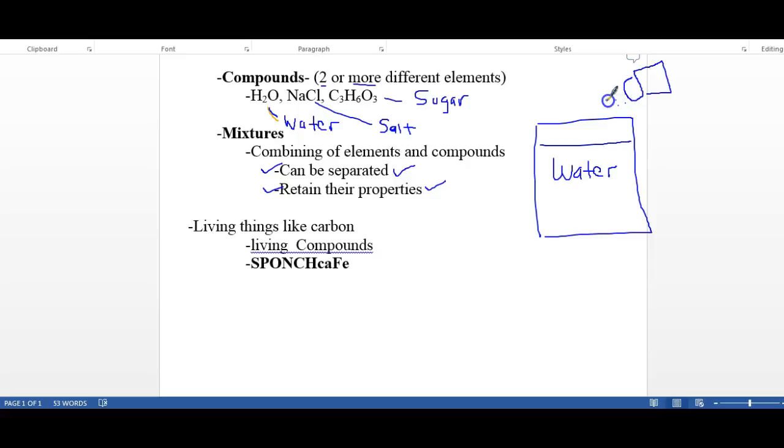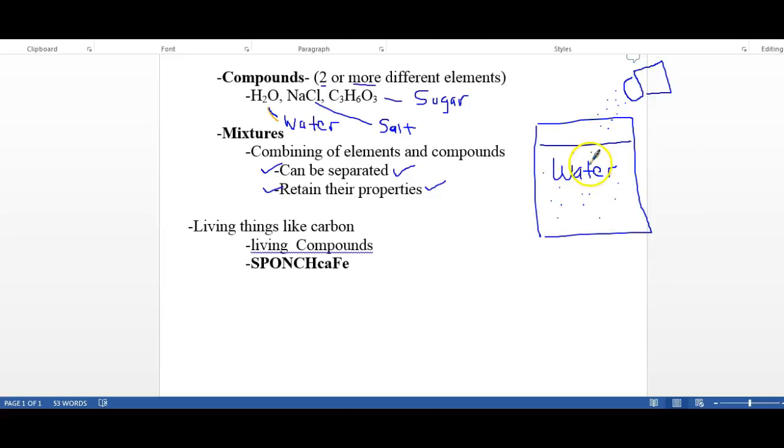We add it into the water. Okay, this is a mixture. And how this is different than H2O is that water has certain properties, salt has certain properties. When we mix them together, they still retain them. They still have all those same properties.